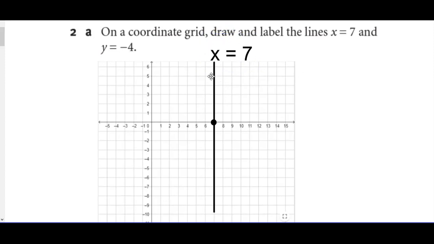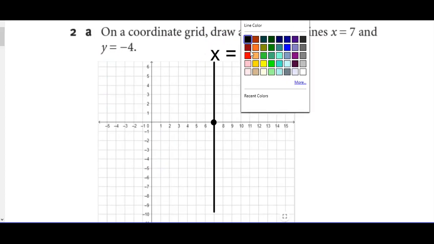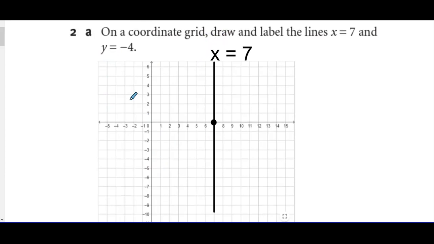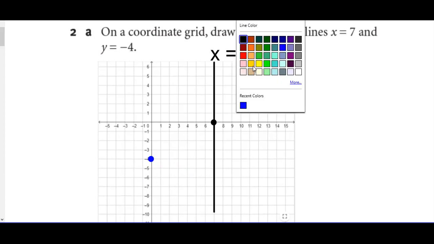All right, so then we do this line, y equal to -4. You take your ruler and your pencil, and draw that line, y equal to -4. So we put a mark, a point to show that this is y equal to -4, and then take your ruler and draw a line through that point.